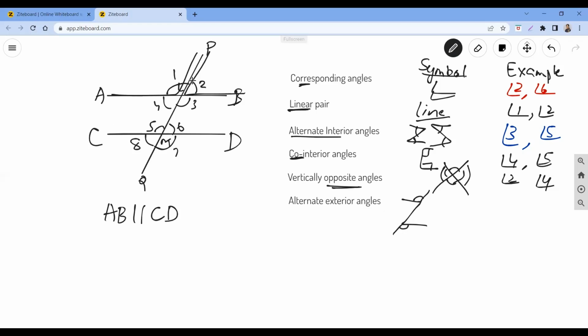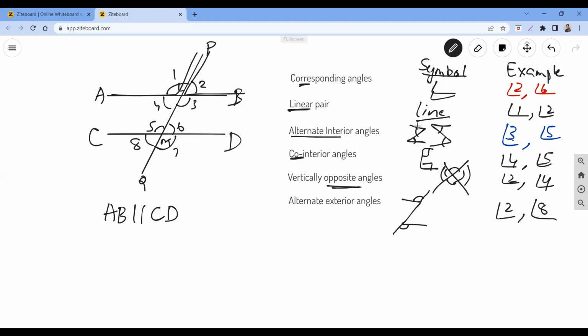Now, if you see in this figure, alternate interior is 3 and 5. But if we go above the 3 is 2, and below the 5 is 8. So we have taken 3, no? Above the 3 is 2, and 5 we have taken, below the 5 is 8. So alternate exterior angles are like this.